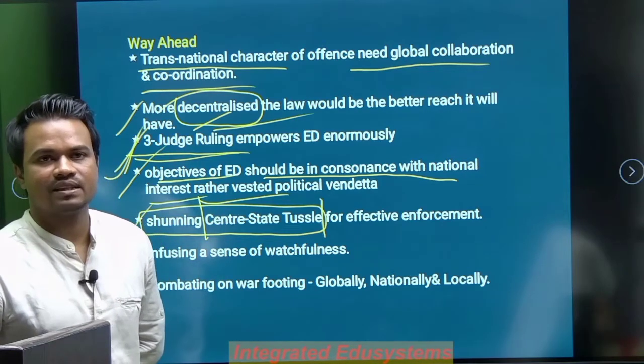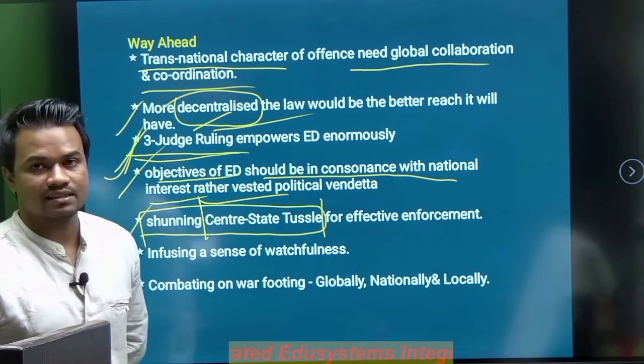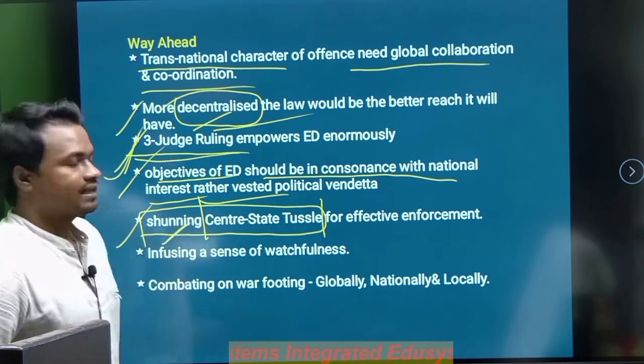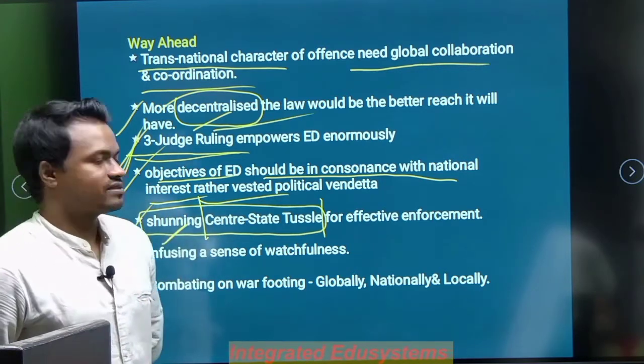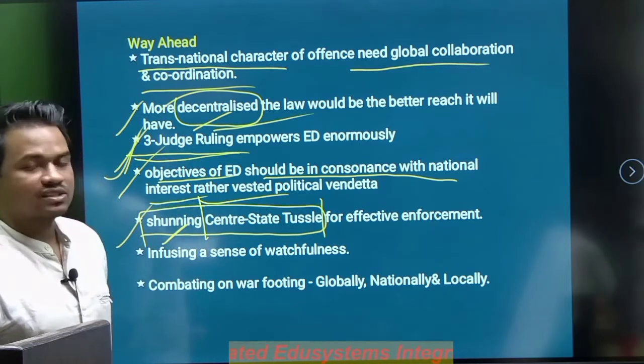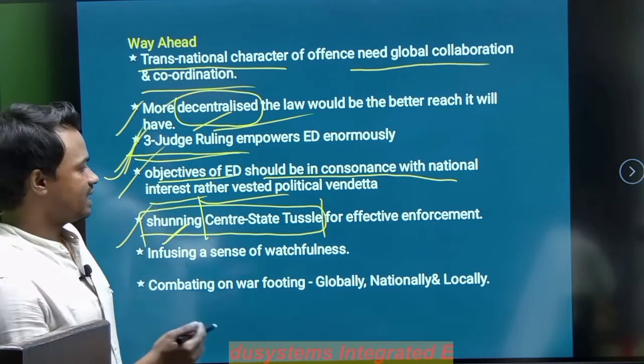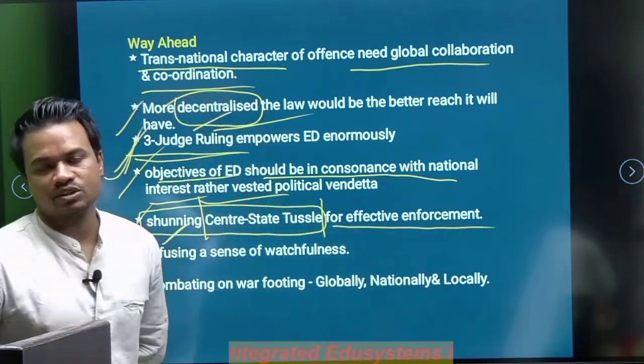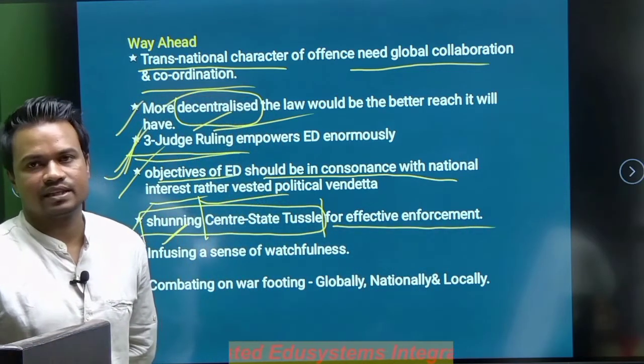Ultimately the sufferer will be the common citizen and the national interest. That is why removing the central-state tussle for the interest of the nation is very important, and it is also important for the effective enforcement of the Prevention of Money Laundering Act.